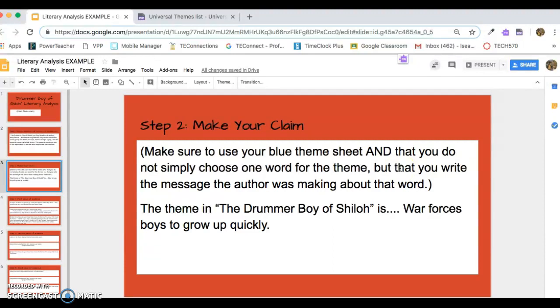You have to write what the message the author is creating about that word. So for me, I said the message was war forces boys to grow up quickly. That's the message. And so the whole thing is the theme in The Drummer Boy of Shiloh is war forces boys to grow up quickly.